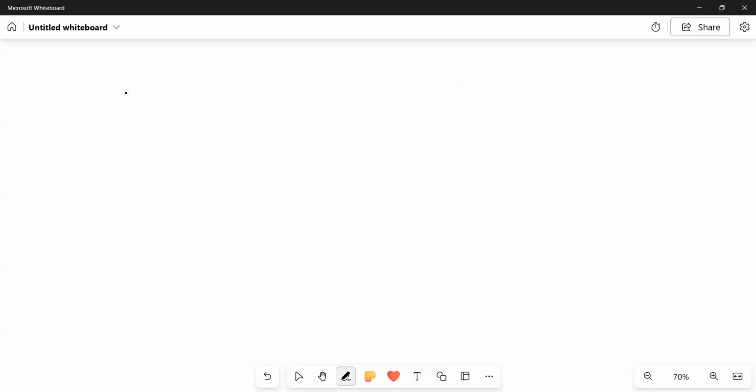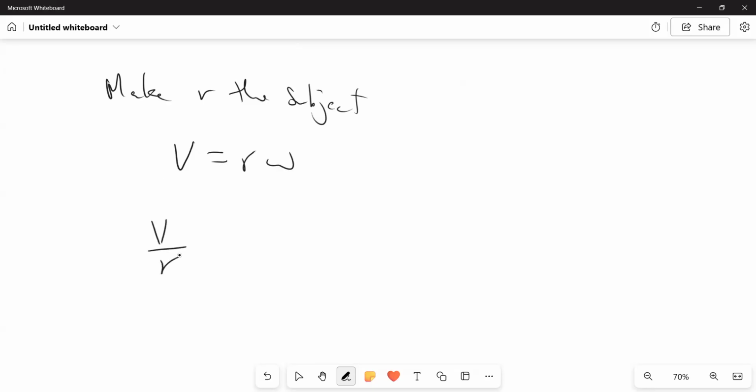All right. Let's go with a little harder one. Not a hard one, but make R the subject, right? So you have V equal RW. Well, you could simply divide both sides by W. You want to make R the subject, so you divide both sides by W. Right?